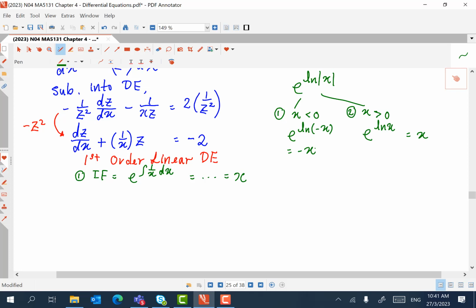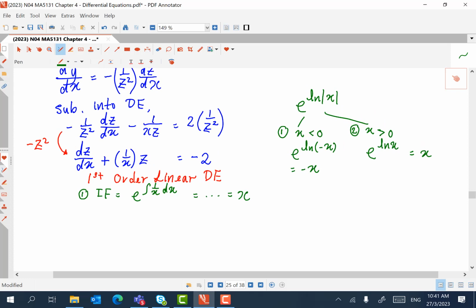Alright? Then the next line is, if this is IF, this becomes y times IF is equals to integration of minus 2x dx. Oops. You're right. Z. Thank you.